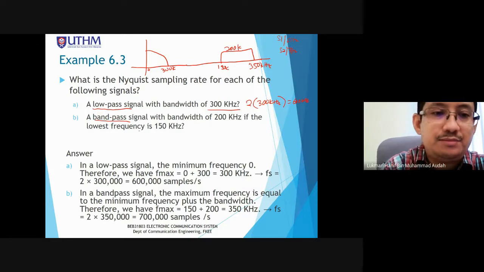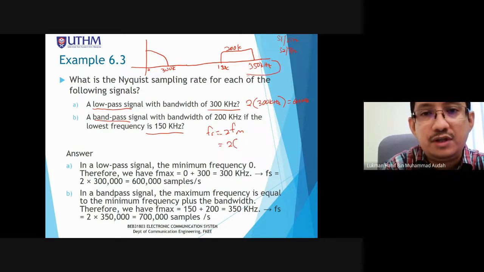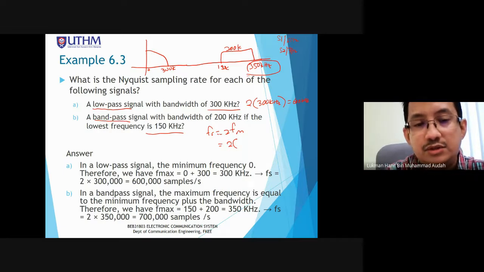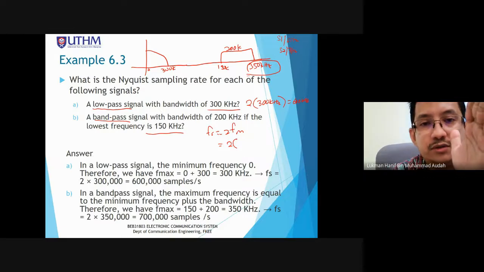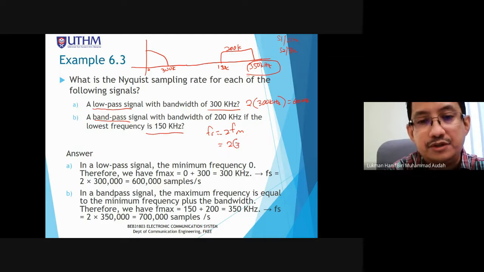And then for the band pass signal, Fs is equal to 2 FM, which is 2 times the highest frequency of the input, 350 kilohertz. Okay, frekuensi yang tertinggi. Starting from 150, dia punya bandwidth adalah 200, so tambahkan, maksimumnya adalah 350.